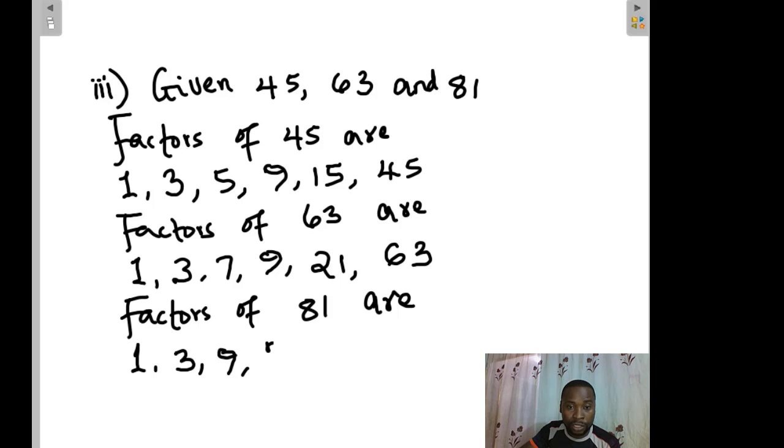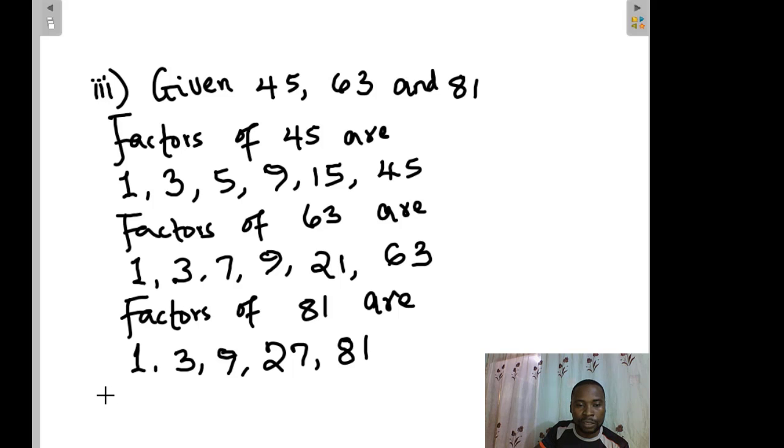Yes, 27 is a factor of 81. And it will be surprising to note that you will not find any other factor of 81. Even 29 is not, 30-something is not. You will not find another one until you reach 81 itself. Yeah, 81 has a funny way of behaving anyway.